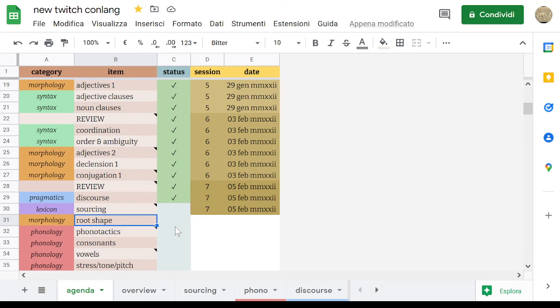But the next item I put was root shape. What shape I want my roots to take. But maybe that isn't what I should do, because I don't know what sounds I want. Root shape. I'm trying to remember the reason I had this coming next after sourcing.